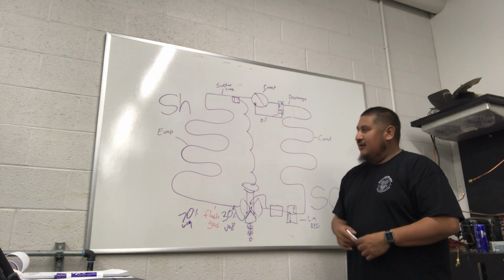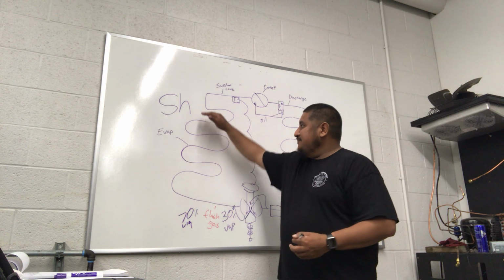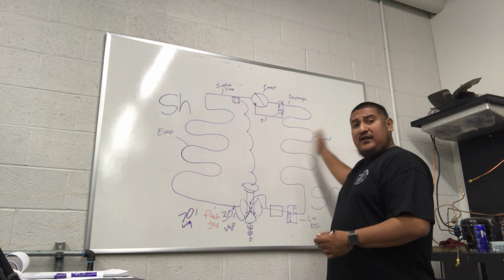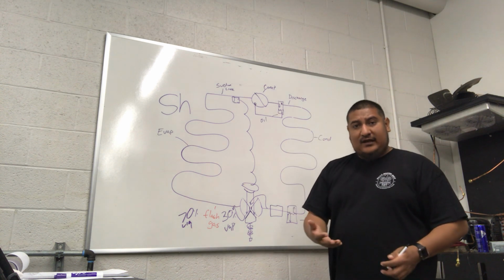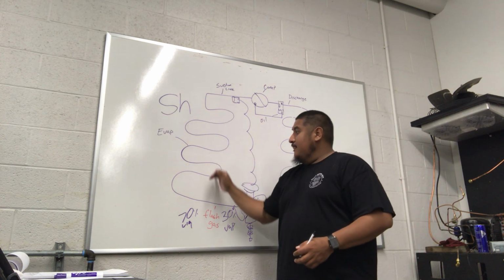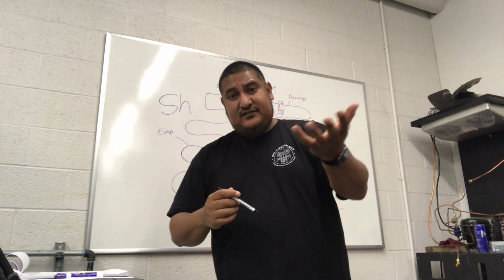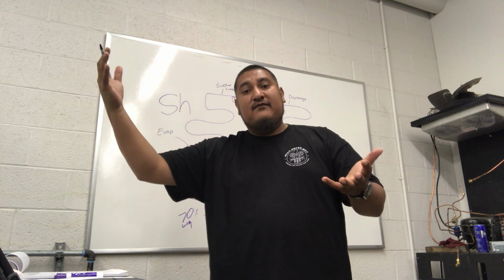picked up heat, right? You guys have got to remember that on the high side we're rejecting heat, because we want to get liquid out of this guy. But over here on our low side, we want to absorb heat, because we want this liquid refrigerant to boil off and become a vapor.